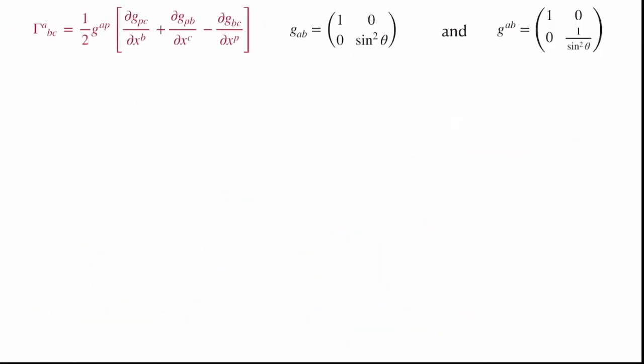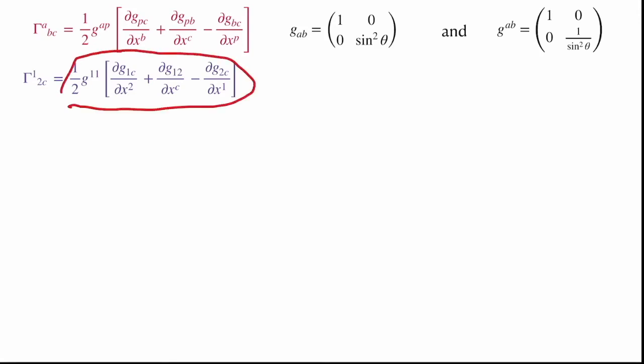Let's compute the remaining components. Again, we have gamma 12C, that is the term which we want, and we can express it with this equation: half g^11, g1C differentiated with x2, g12 differentiated with xC, and g2C differentiated with x1. The first term is going to be 0 because no metric depends on φ, and x2 is φ, so we get rid of that.